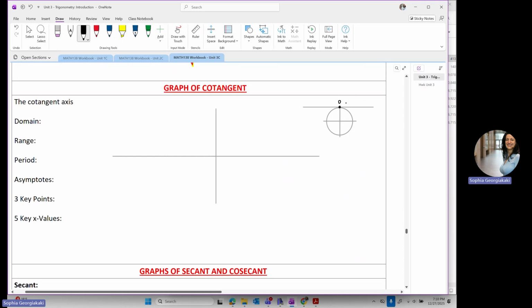So the 0 of the cotangent axis is here, the 1 is there, the 2 is here, and the axis goes to the right towards positive infinity. This will be negative 1 here, negative 2 here, and the axis will go towards negative infinity to the left.